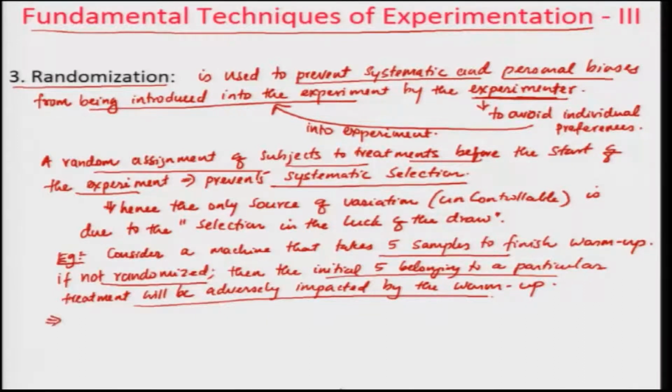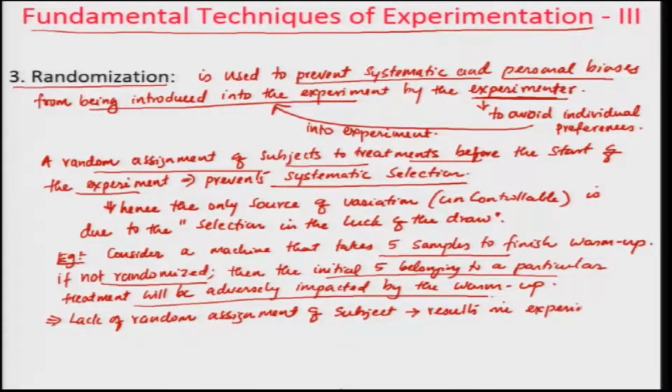So, when we say lack of random assignment of subjects results in experimenter bias. Okay. So, the lack of random assignment of the subjects can result in something called an experimenter bias.